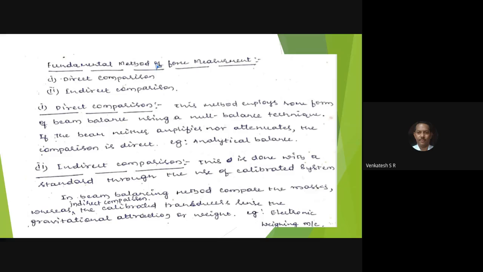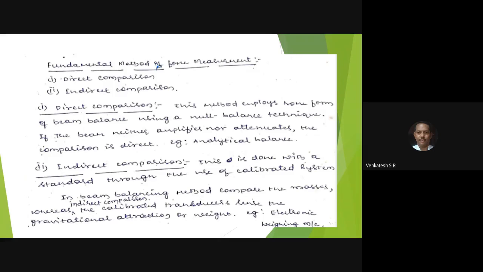In indirect comparison, the good example is the electronic weighing machine. All of you have seen it in the chemical laboratory, the jewelry shop, or the provision shop, where nowadays they are using electronic weighing machines. There will be a platform.